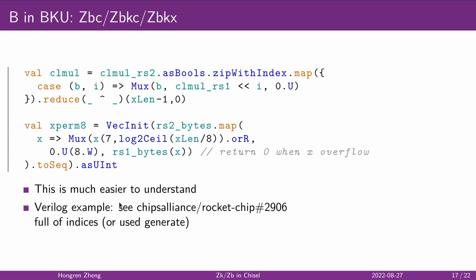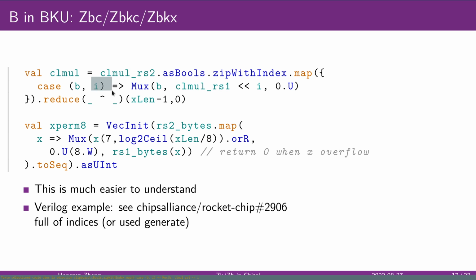Now let's talk about the B part in the BKU. The B part only covers the ZBC or ZBKC, and the ZBKX part. So we can see here that with many higher order functions, like we can divide the input 2 into bools and index them, and then we can just left shift by a constant.